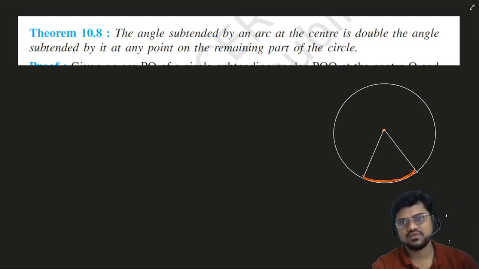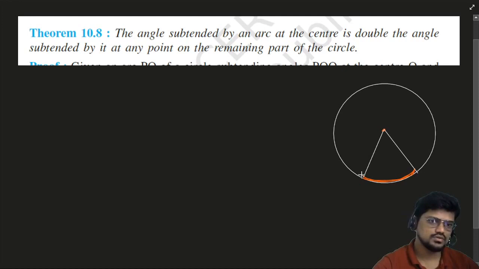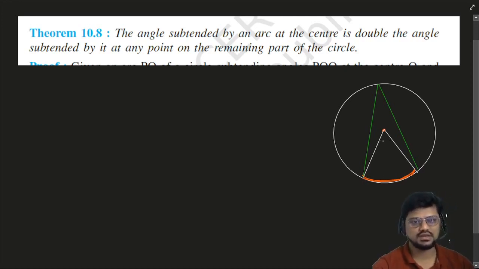That means if I draw two lines to a point on the remaining part of the circle, this is the angle subtended by the same arc on the circle, and this is the angle subtended at the center. So what they are saying is that this angle will be twice of this angle.